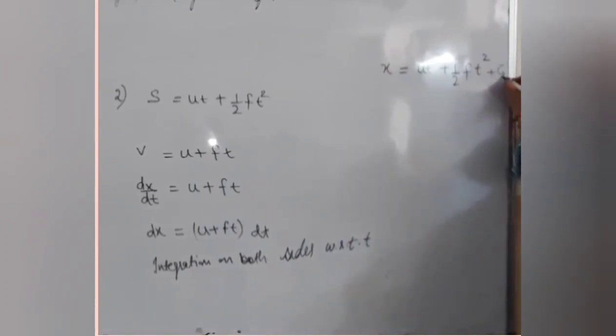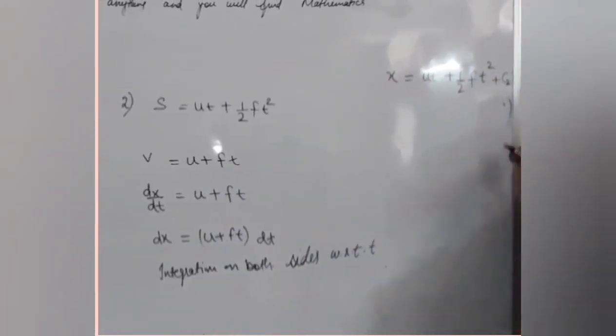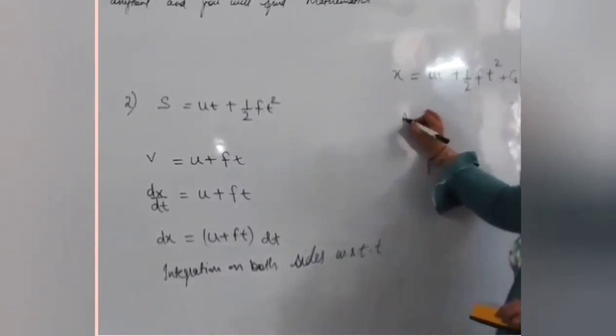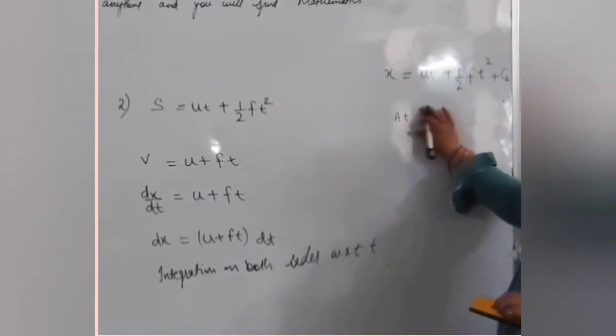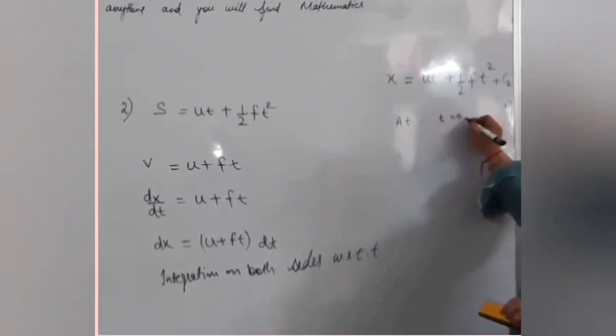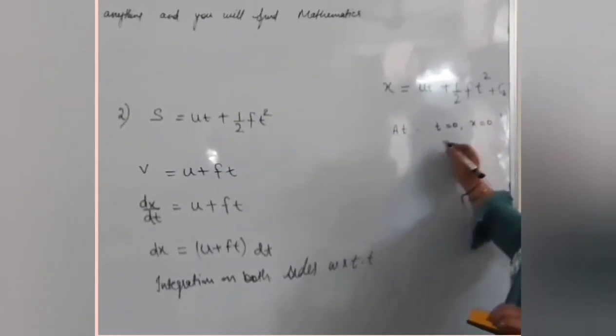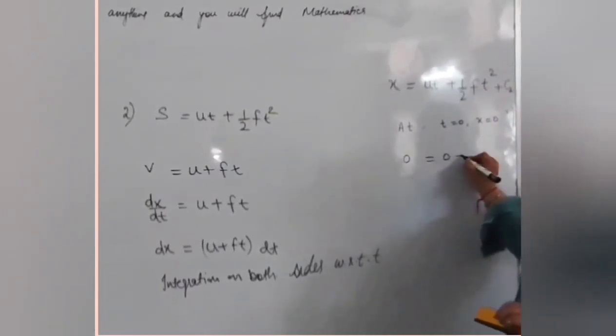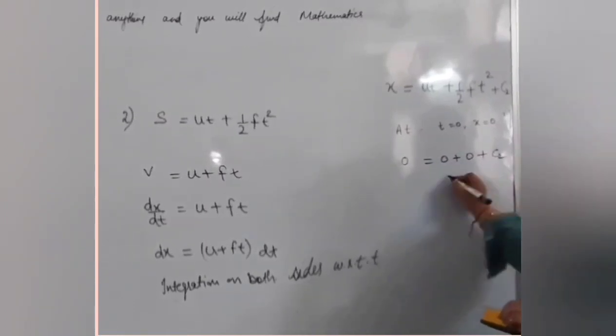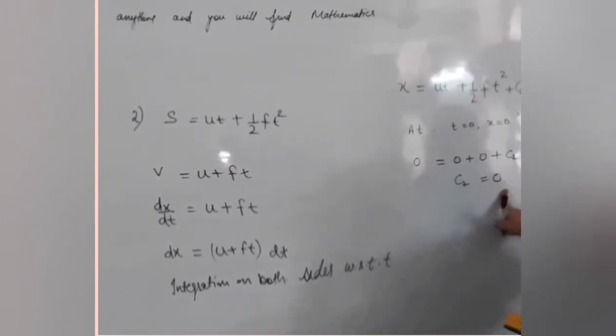Again we have added a constant to balance the equation. Now we know that at t is equal to 0, x is also 0. So now 0 is equal to 0 plus 0 plus c2. So we get c2 is equal to 0.